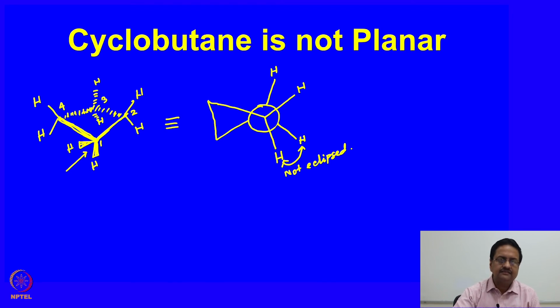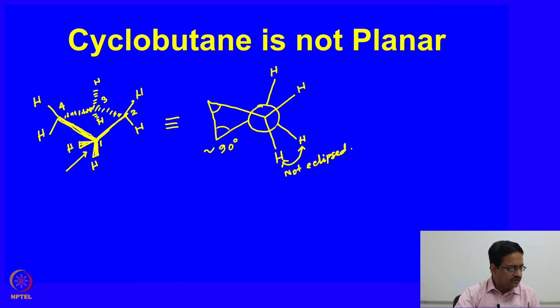So it has less torsional strain compared to cyclopropane, and due to the presence of four carbon atoms, these angles are close to 90 degrees or maybe slightly more than 90 degrees, and as a result it has less angular strain.